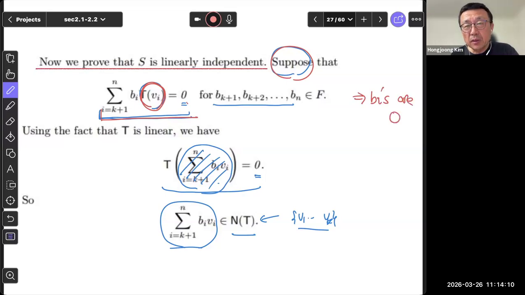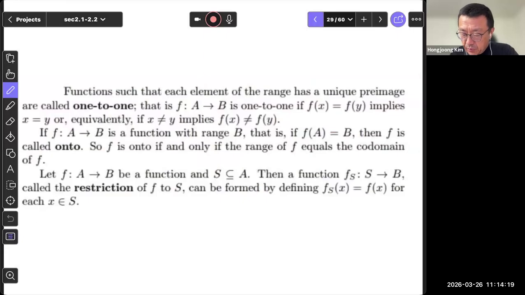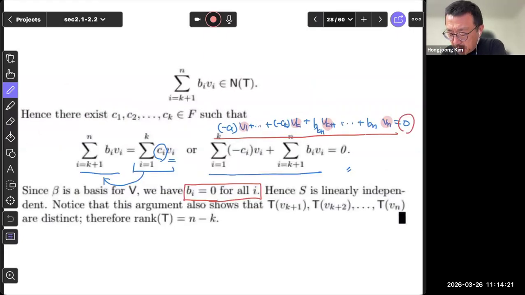Then what does that mean? This implies that these T of vi's are linearly independent. So that means this set S is linearly independent.